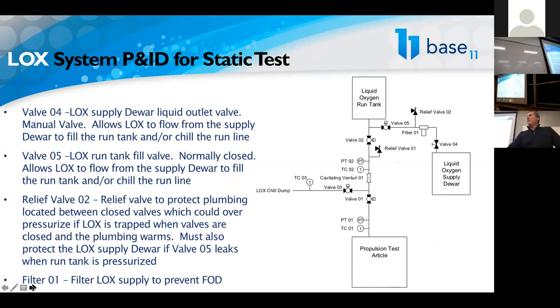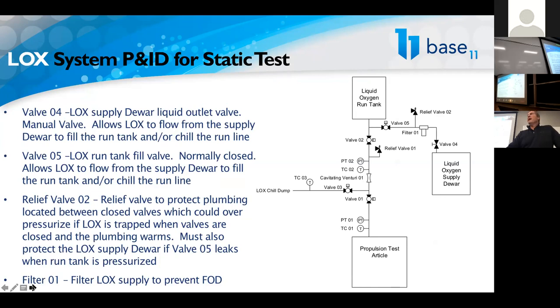So if valve number 5 happens to leak and we pressurize the run tank, we're going to be pushing high pressure oxygen back towards the supply. So now we have the additional requirement on that relief valve to not just protect from a boil off inside the line, but we also have to protect against a potential leak in valve 5.